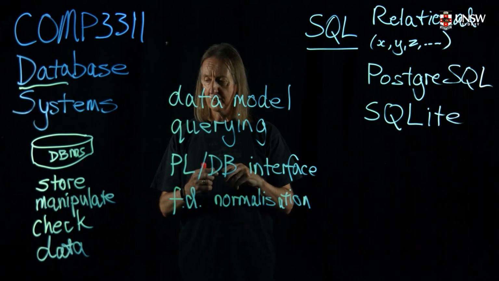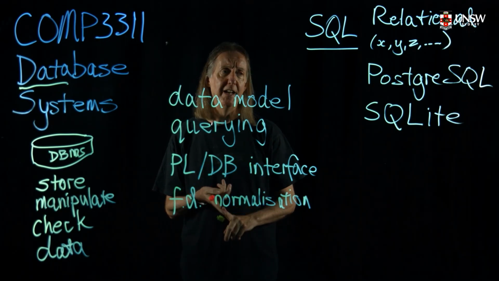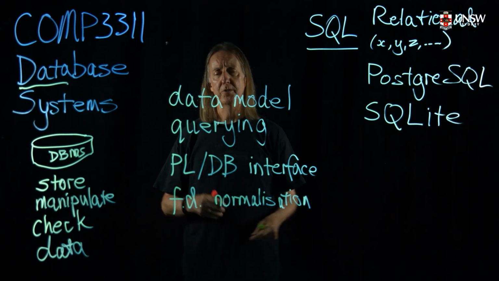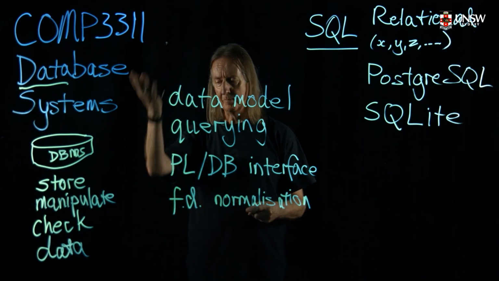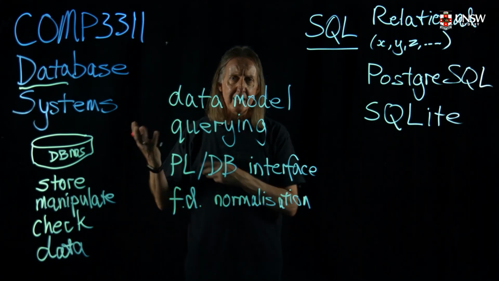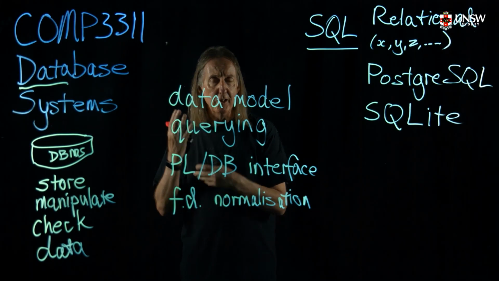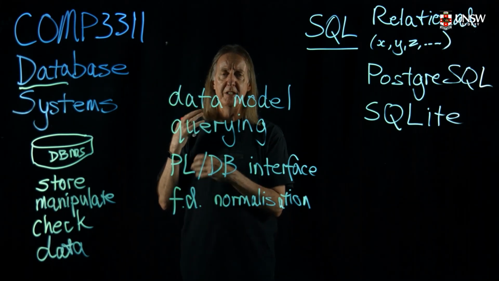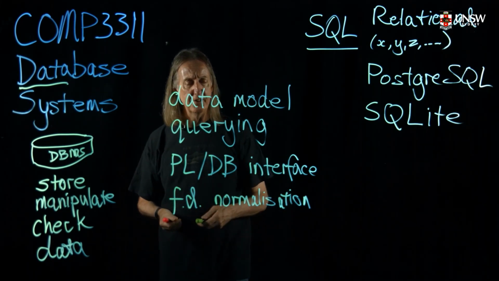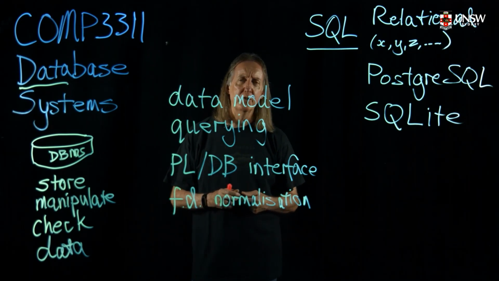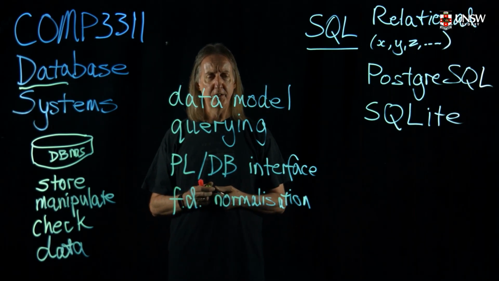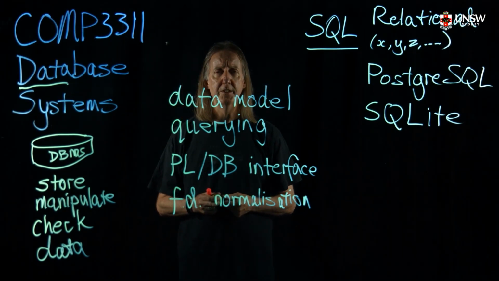A good data model has minimal redundancy, so it's quite possible to build a data model where you store lots of data in multiple places, lots of the same copies of a piece of data in the same places. The idea with functional dependencies and normalization is to try and minimize that as much as you can.